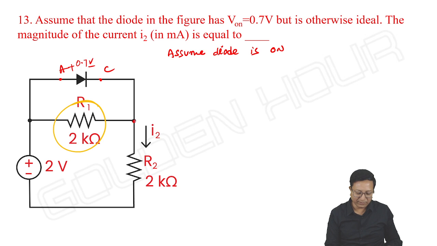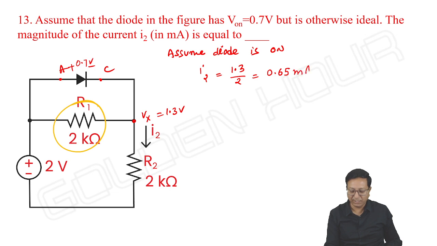If that is the case, this Vx is equal to 2 minus 0.7, 1.3 volts. So I2 is equal to 1.3 by 2, it is 0.65 milliampere. Okay, we may be concluding like this. It looks very simple, but always find the current through the diode. Then only you can conclude the result.